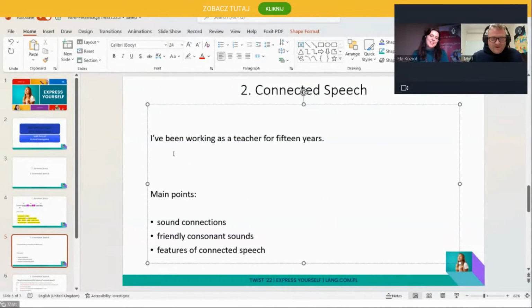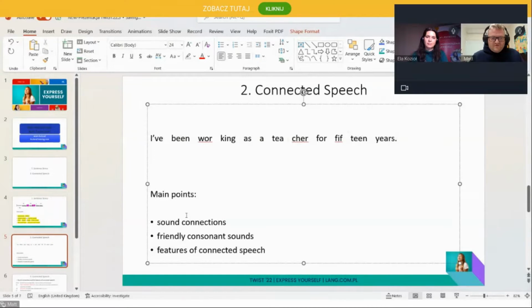Anyway, what we're doing now, we are breaking it up into syllables. Teacher, 15 years. We break it up into syllables.